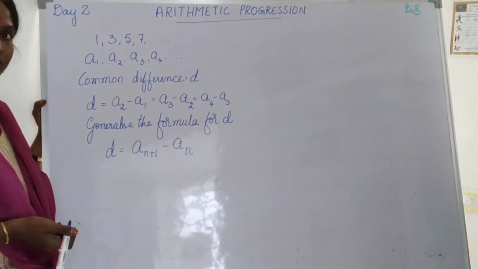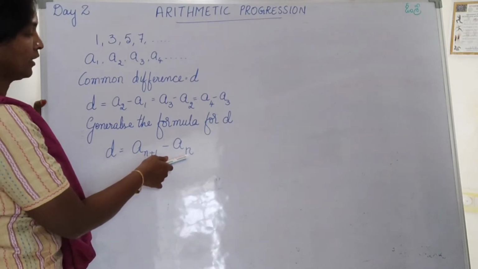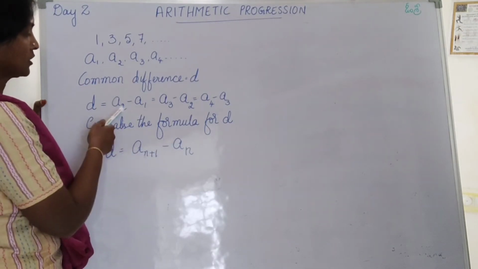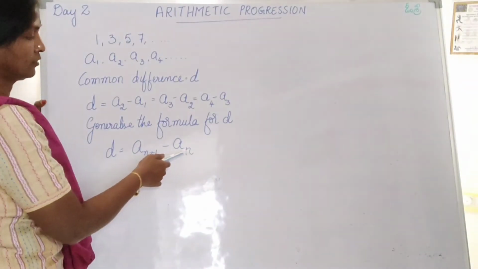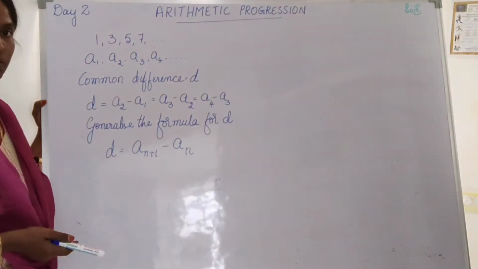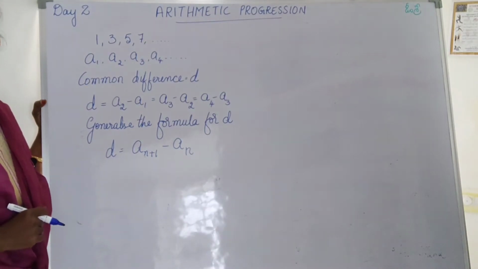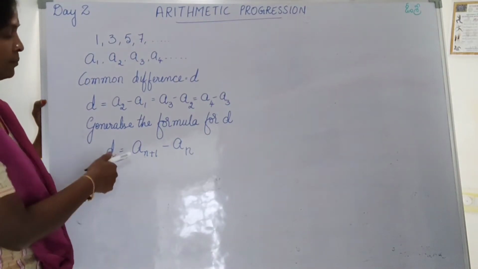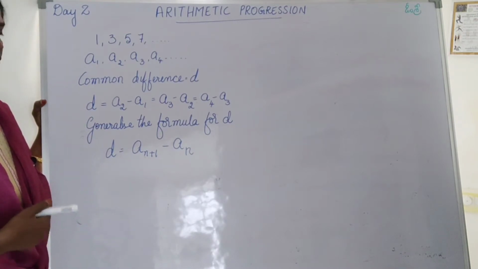I hope that you followed, students. Here we can observe how we got n plus 1 and n, because the subscript of the first one is one more than the second. That's how we generalize the formula for the common difference, and this applies for any arithmetic progression.